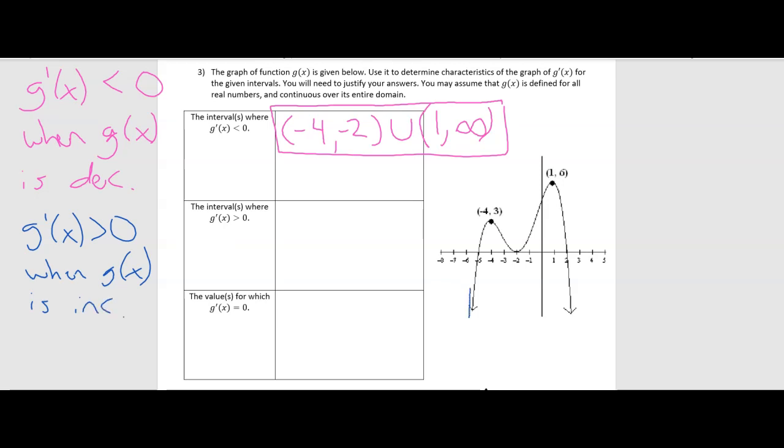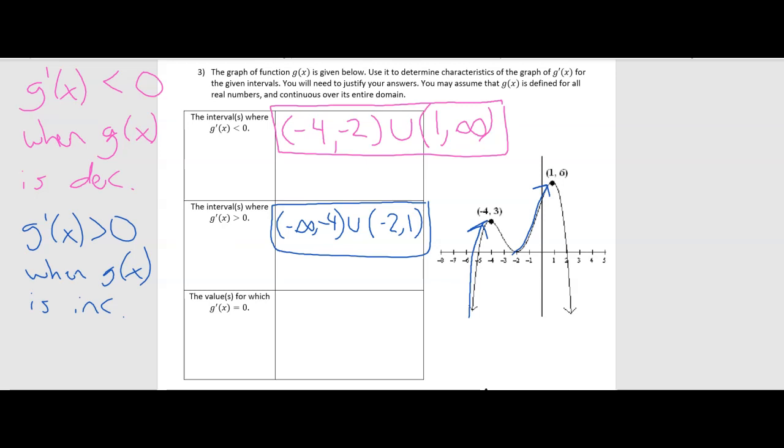So we are increasing along this interval. We are increasing along this interval. So we have two intervals here where we are increasing. The first one is from -infinity to -4 open, union, because we have another interval, -2 to 1, also open.